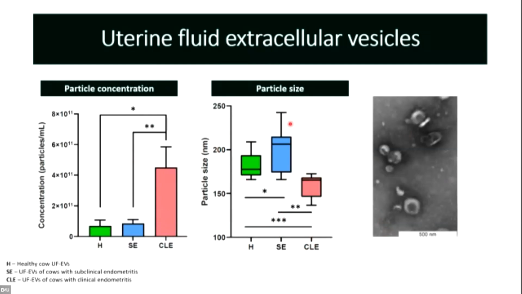However, the average particle size was significantly higher in cows with subclinical endometritis compared to healthy cows, where we couldn't see any concentration differences between these groups. This potentially may suggest that the ratio between the EV concentration and the size could serve as an indicator for disease presence.